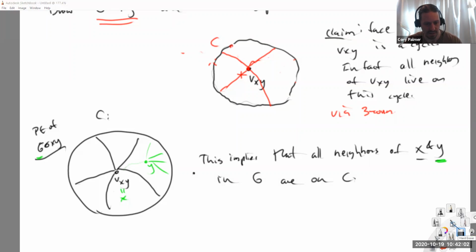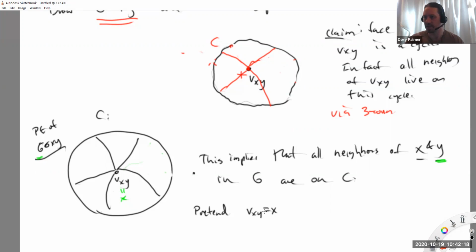So that's the question I want to answer here: how do I, so pretend Vxy equals X. You can basically pretend this, right? When I contract an edge, I can contract into X or contract into Y. And all that happens is X gets some new friends, some new edges that weren't necessarily neighbors of it before. So if I draw, say, these green edges, these were definitely edges incident to X. But the black ones here were not edges adjacent to X at first.